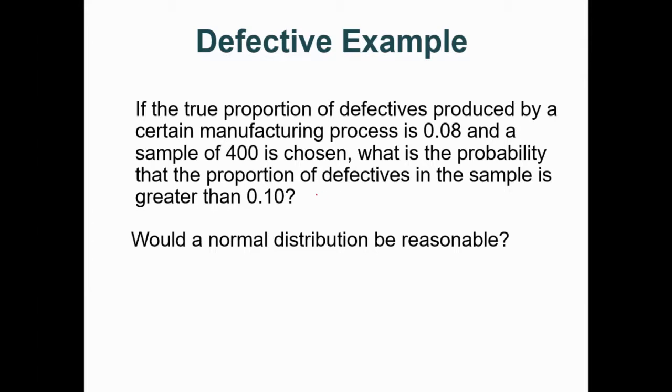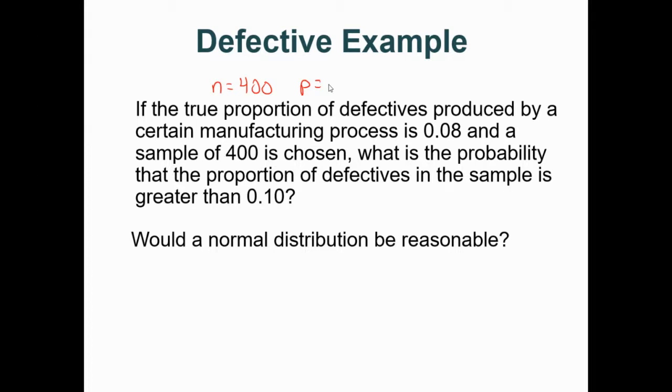So let's see here. We have to do n times p. What would our n be equal to here? 400. What's our p? Go ahead, Raleigh. What is the n times p? Because I remember last time it was mu or something. What is it this time? Right now we're just checking. It doesn't have an official letter. For the binomial distribution, you're right, it is mu. But right now it's just a method of checking.